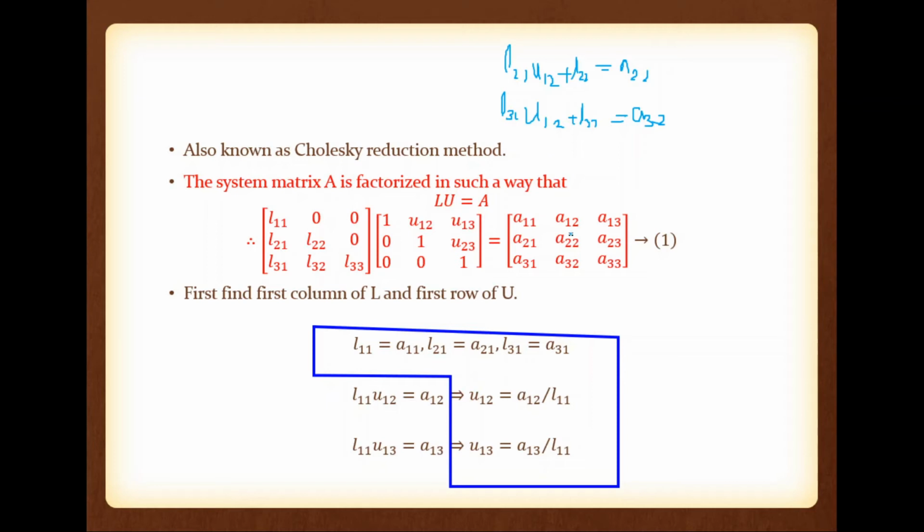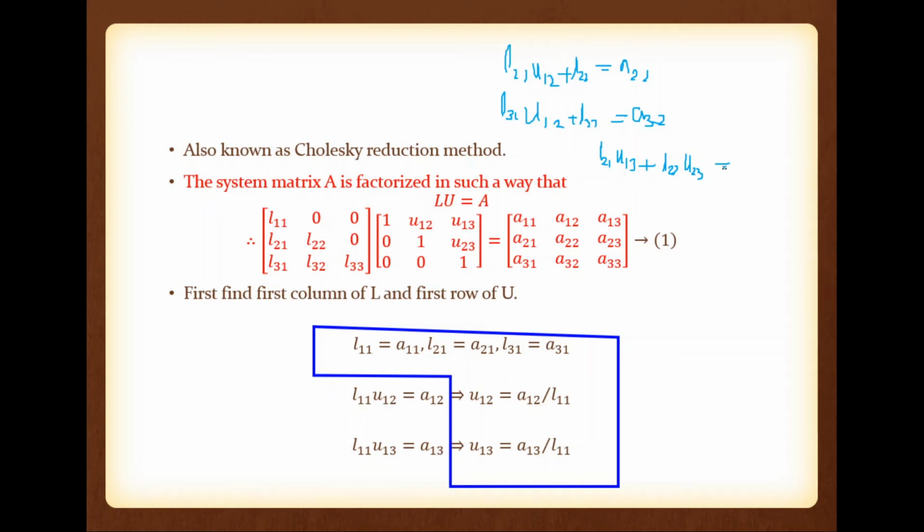Okay. So if you are traveling through this, now we have to travel through the second row, that is A23. But remaining elements are known. So what is A23? Second row of L into third column of U. So what we have? L21 into U13. These two are known. Plus L22 into U23 plus 0 into 1.